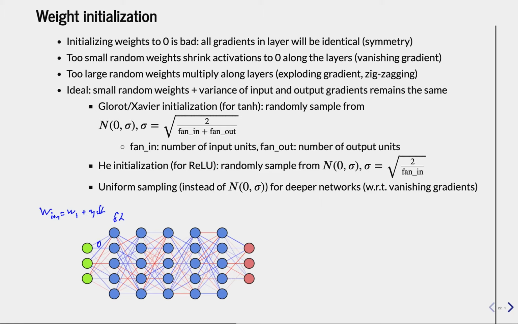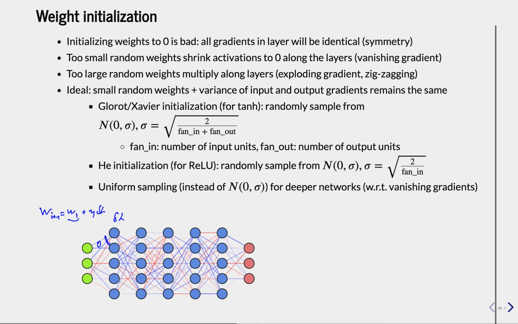If all of these weights are 0, it means that after the update, all the weights are the same again. And if all these weights are the same, it's much harder for the neuron to learn how to deal with different inputs. That's something you don't want, and we call this symmetry breaking. You don't want all these weights to be the same, otherwise you cannot really differentiate between them.